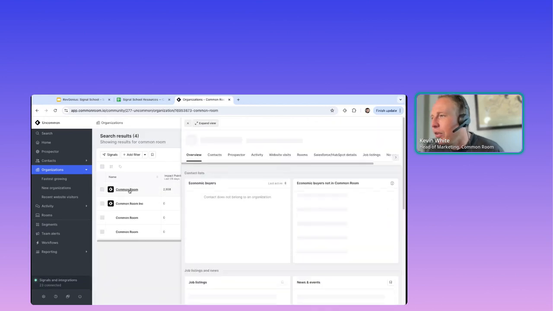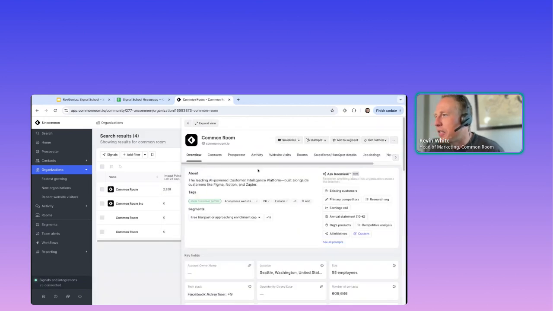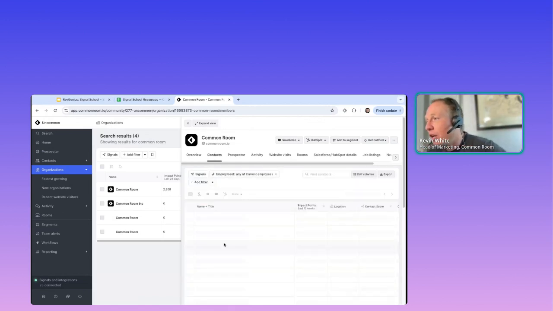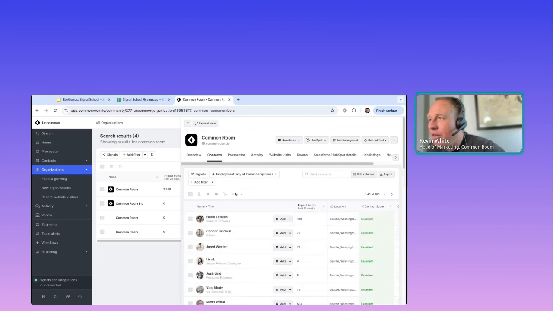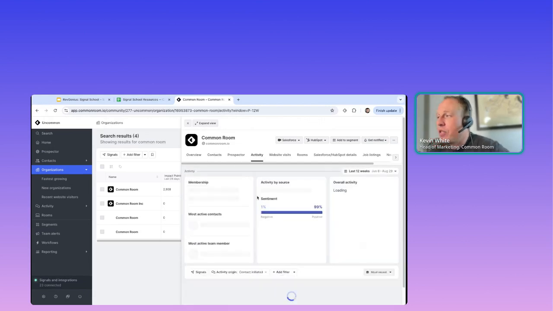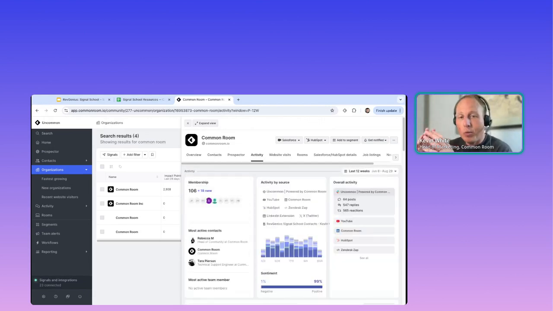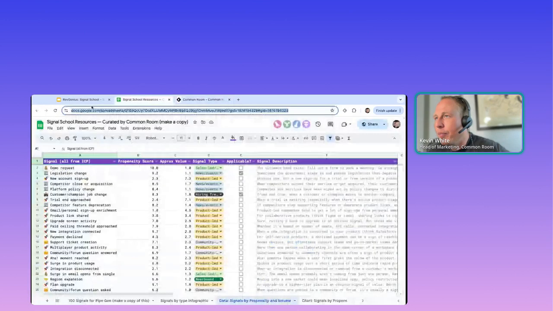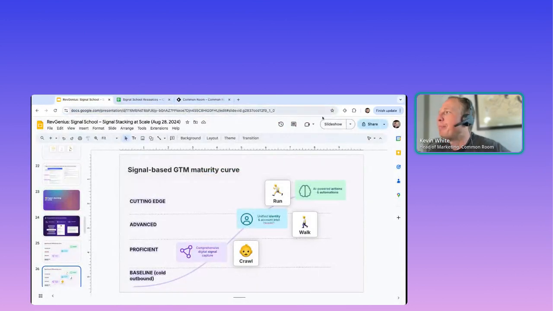Okay, here we can see the account overview. Everything's grouped up into this account, and we can see the contacts within Common Room, and also everyone's activity. So not only are you seeing an individual's signals, you're grouping all that into an account or organization object, which is super important for getting to this more advanced state.